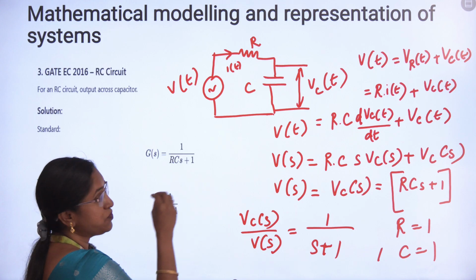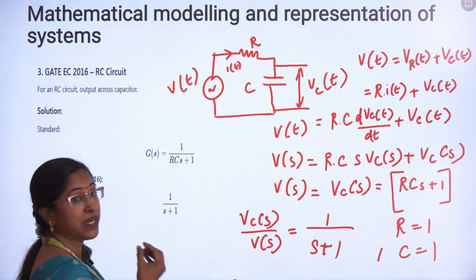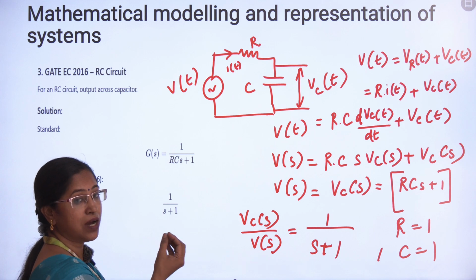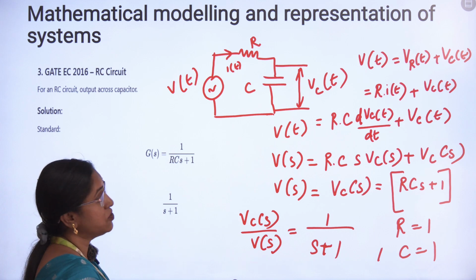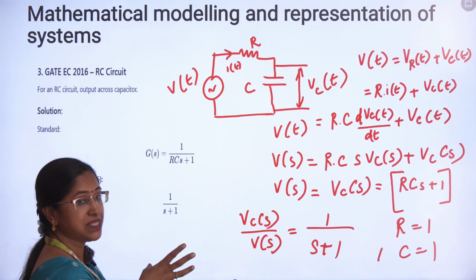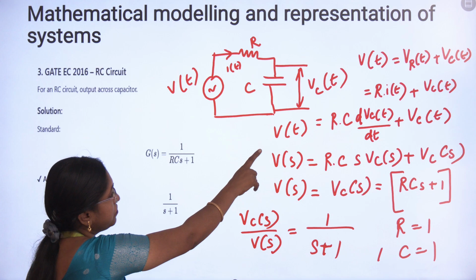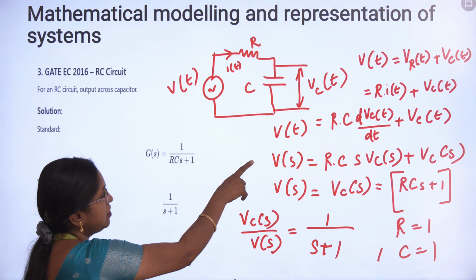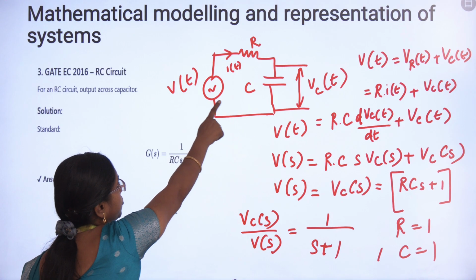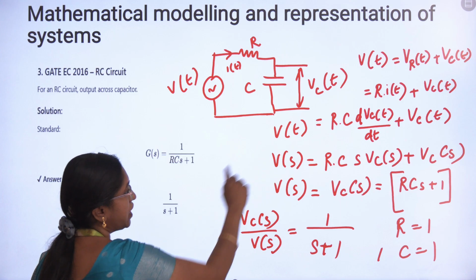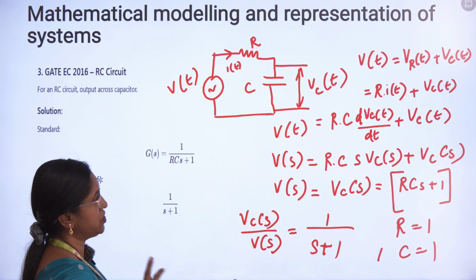Again, what is VR of t? We need to find the transfer function in terms of Vc because that is taken as the output voltage. So first we write the equation in terms of Vc of t. The voltage formula is current into resistance, we all know that. So VR of t is equal to R into I of t, plus Vc of t.